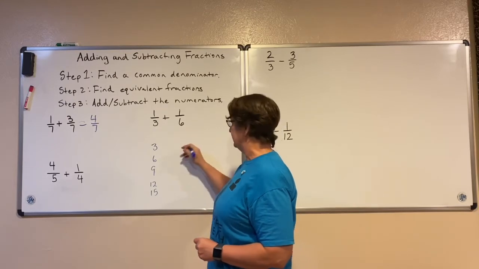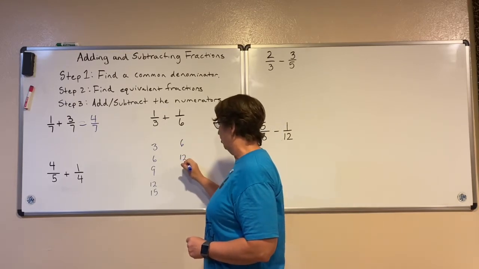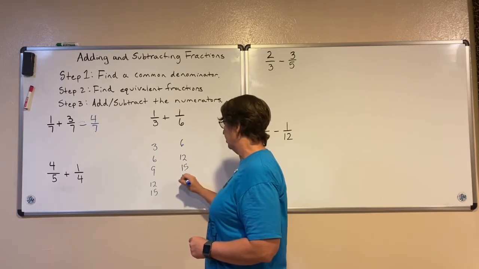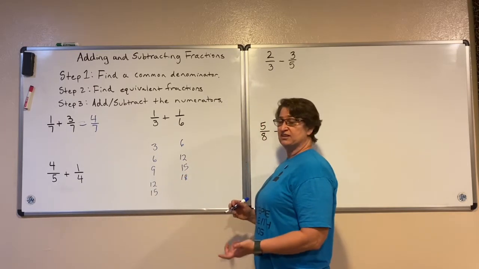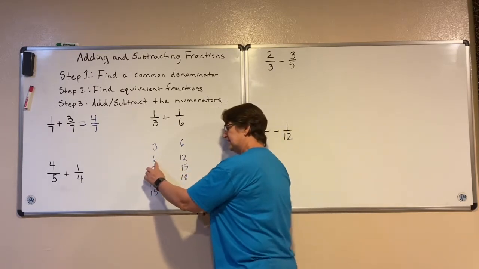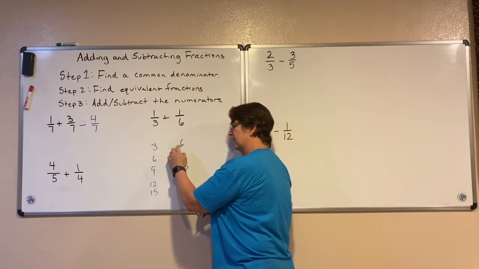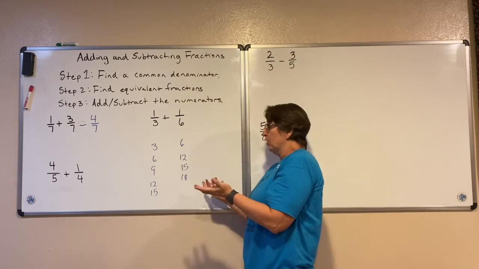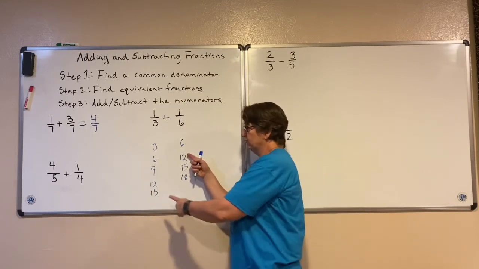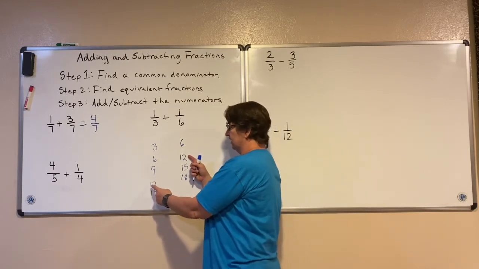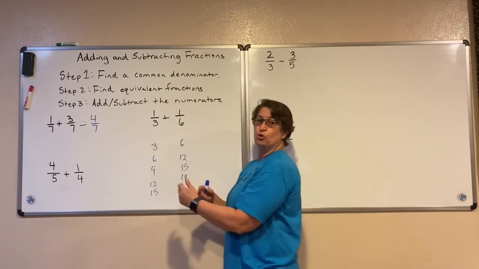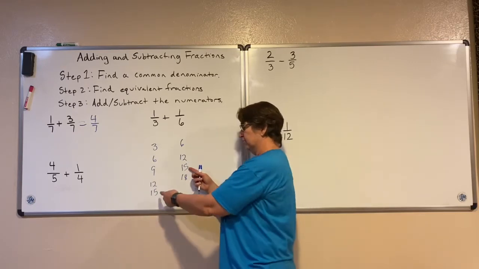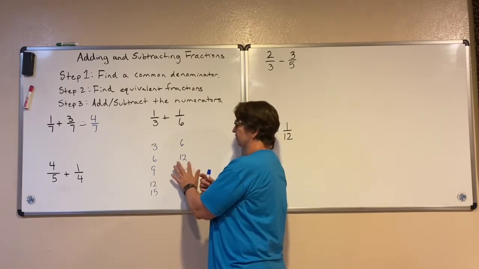So if I count by 6s, 6, 12, 15, 18, some number that's the same. Notice that 6 is the same. They're both a multiple of 3 and a multiple of 6. We could also use 12 because 12 is a multiple of 6 and a multiple of 3. We could also use 15 because 15 is not a multiple of 6.